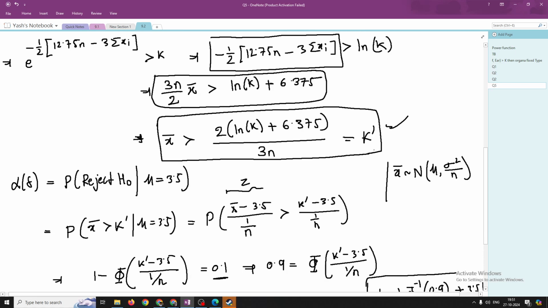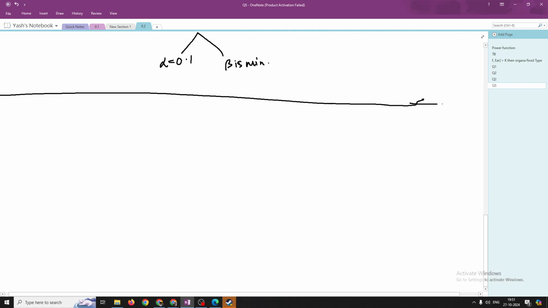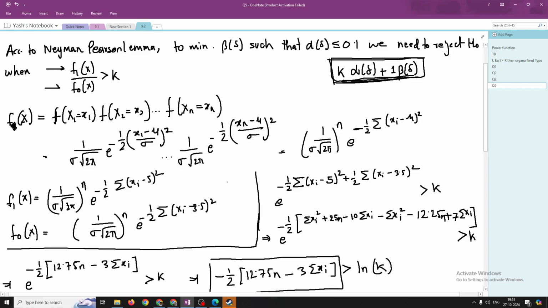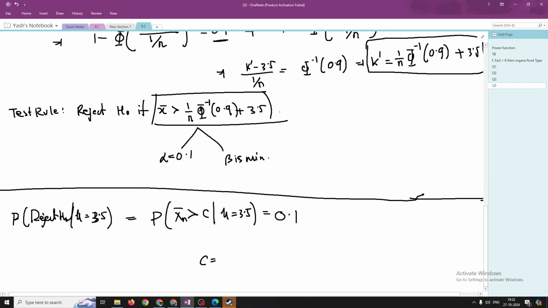So what I'm actually trying to say is that instead of doing this, had you just done this much: the probability of rejecting H naught given mu equals 3.5, which is basically your type 1 error. Instead of doing all this, if you had just started with the rule that we reject H naught if our x n bar is greater than some c, given mu equal to 3.5, and this probability of type 1 error should be 0.1, then also for this value of c we would have gotten the same thing.